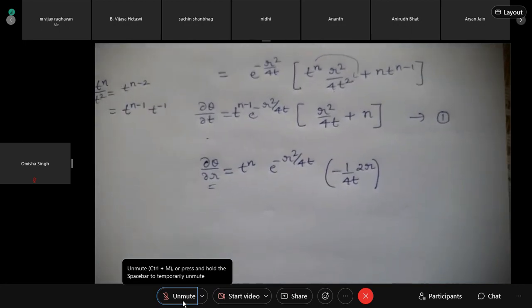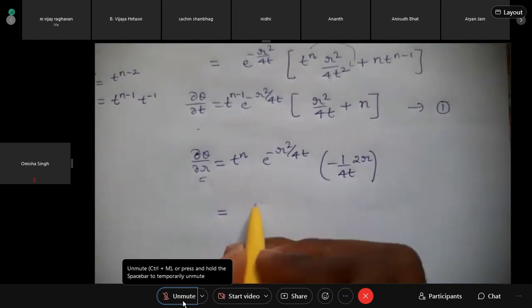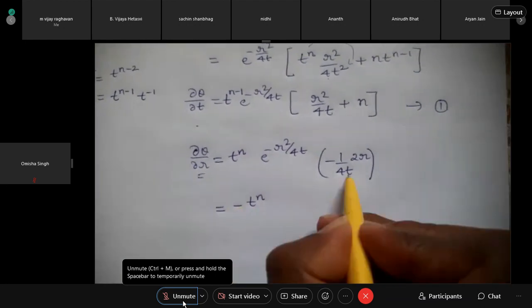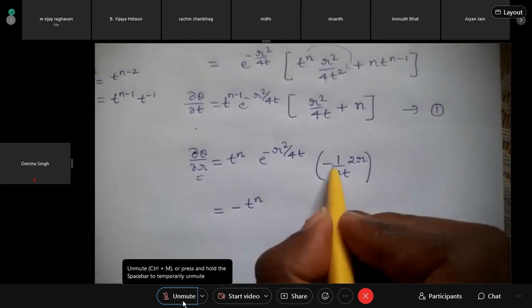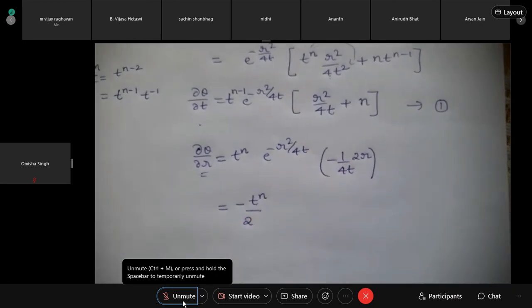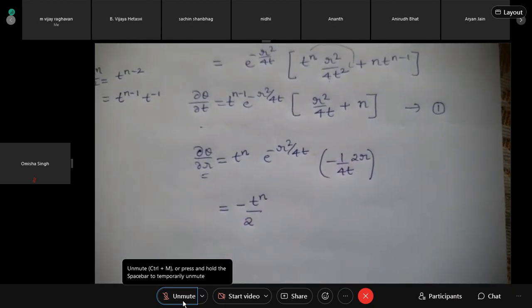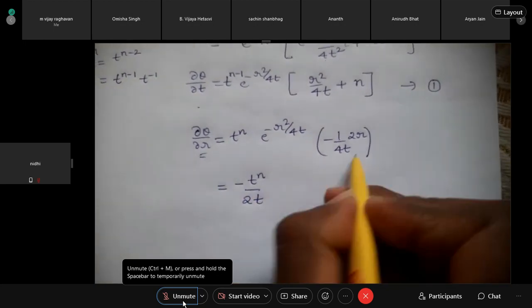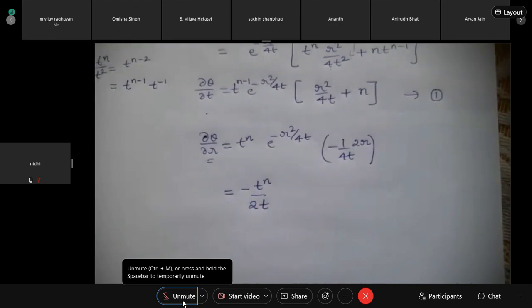On simplification, can I write it as t to the power of n along with a negative sign here? There is a negative. 2 divided by 4, can I write it as 2 in the denominator? So can I write that t?